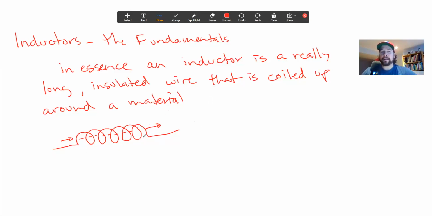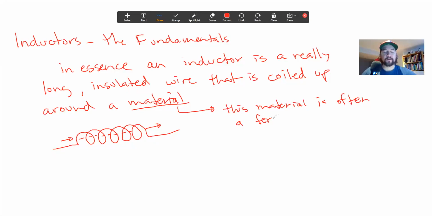How tightly the coils are brought together affects the value of the inductor. What material is in there also affects the value of the inductor. This material is often something we call, now I'm forgetting the name of it, a ferrite.